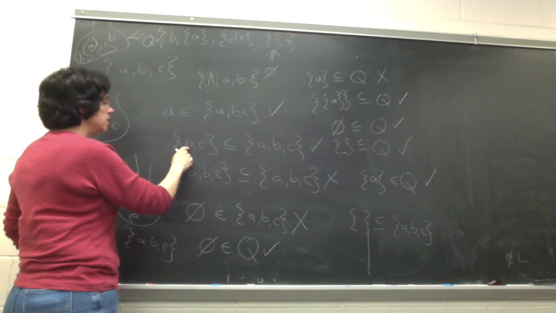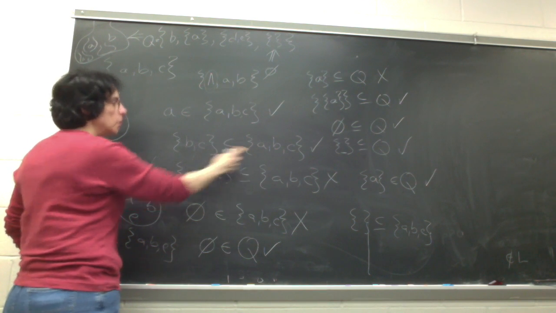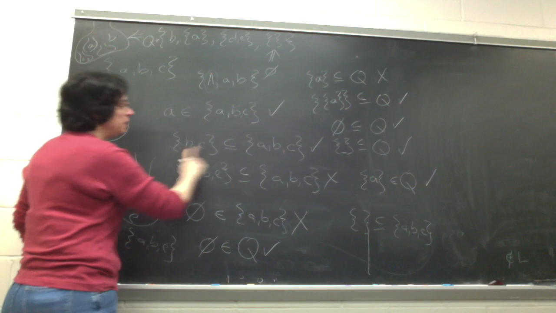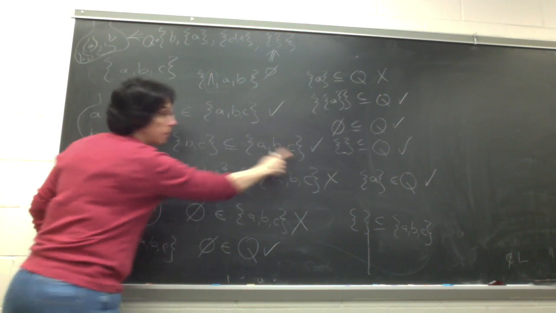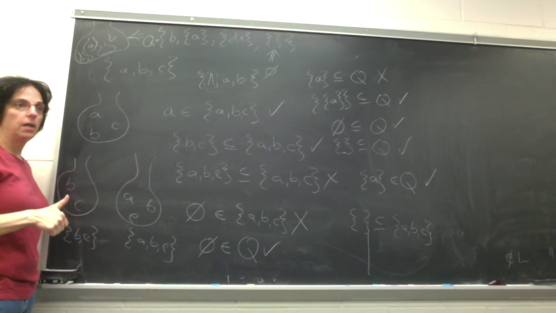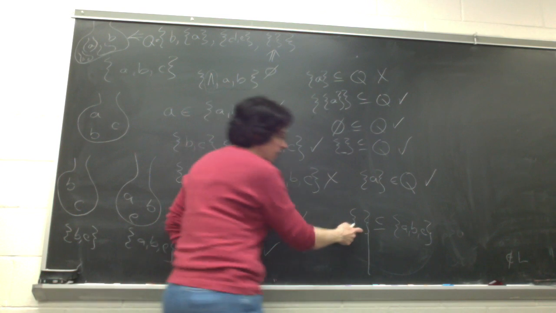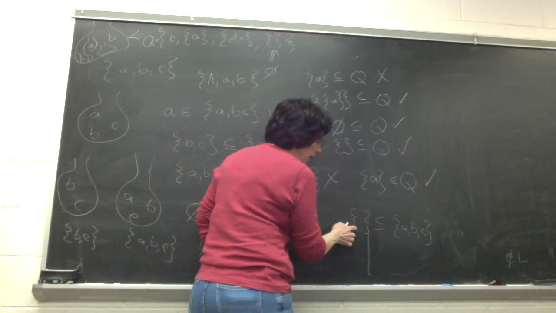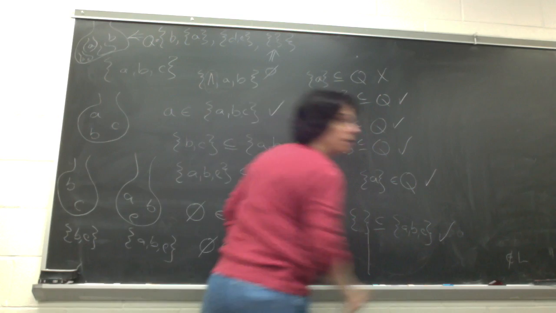We said, well, let me check everything in this one, make sure it's in this one. Well, what's in here? B, yep. C, yep. So it's a subset. And for this one, I say, check everything in here. Is it in here? Well, there's nothing in here, so yeah. It's easy.